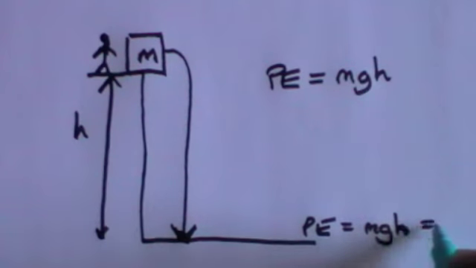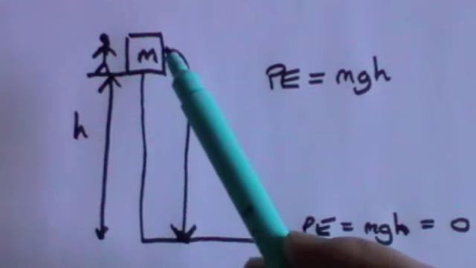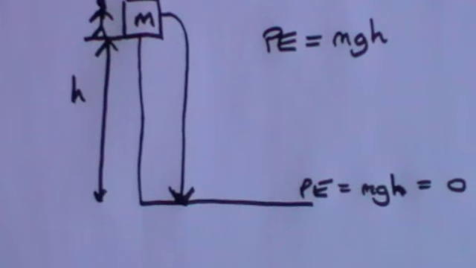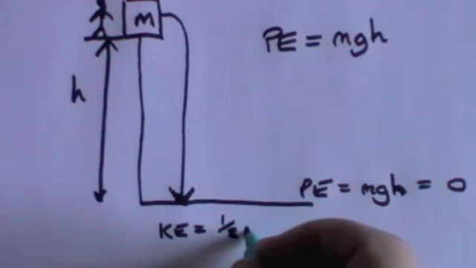So the potential energy when it gets to the ground is 0. Where has that potential energy gone? Energy can be neither created nor destroyed. What has happened is that potential energy has been converted into kinetic energy. So when it hits the ground, the kinetic energy will equal a half mv squared.